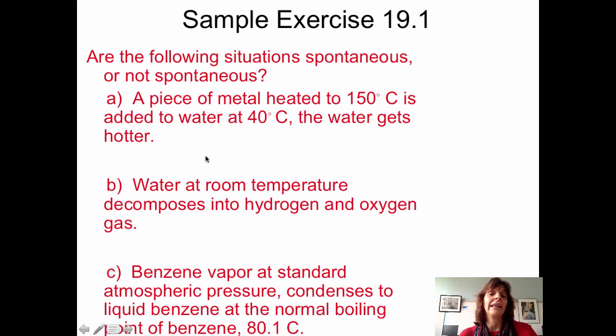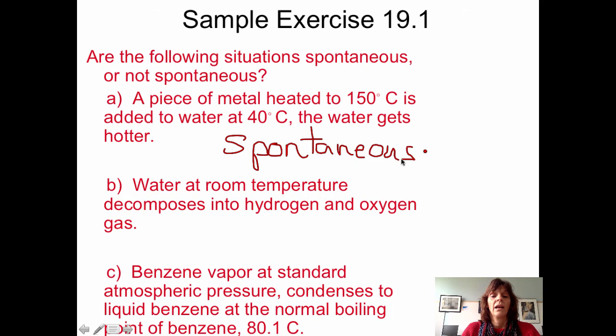All right, let's look these over. A, I hope you said that is spontaneous because it would indeed transfer the heat from the hot metal to the water until the temperatures are isothermal, the same. So that one is spontaneous. B, water decomposing.